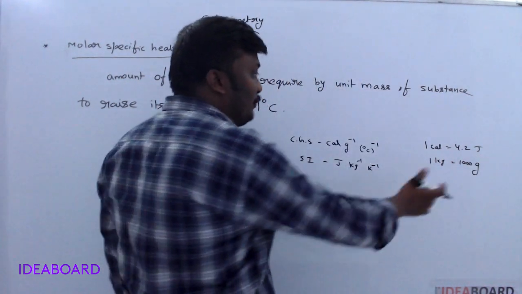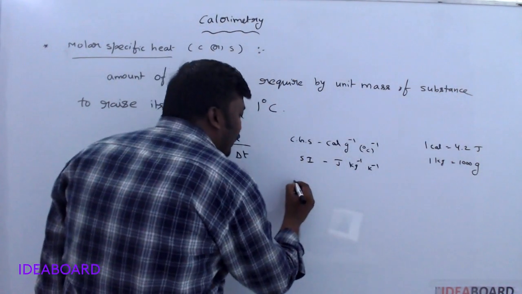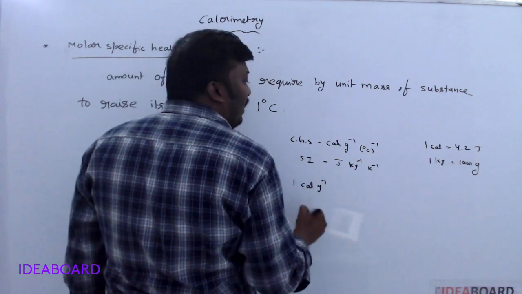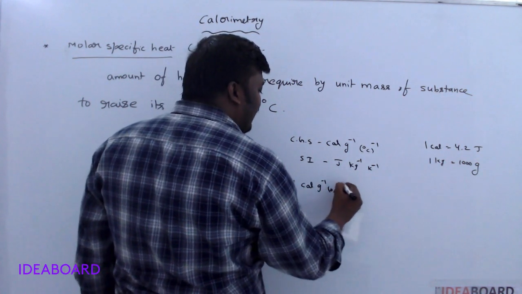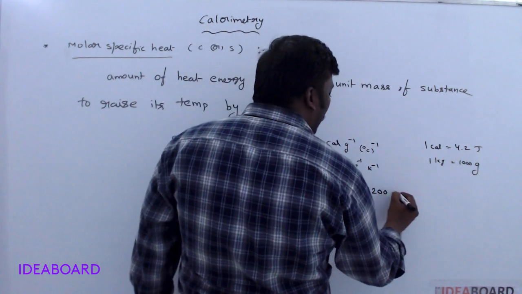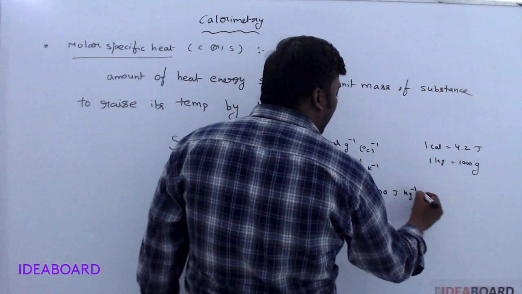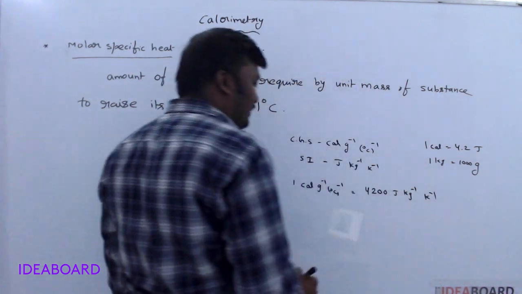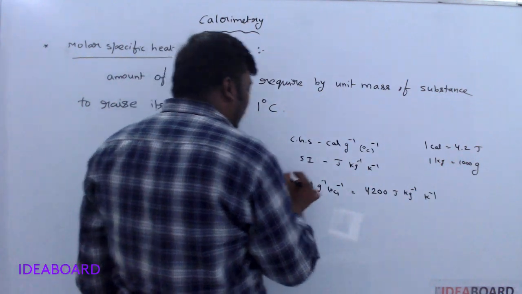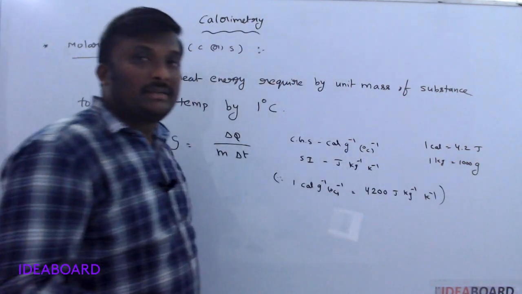Substitute those values, then we get 1 calorie gram inverse degree Celsius inverse is equal to 4200 joule kg inverse Kelvin inverse. Understand now? So this is the relation we are using in the numericals.